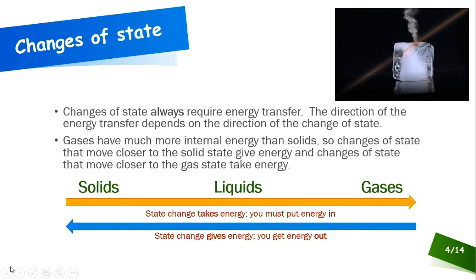You're putting energy into the system, taking energy out of the surroundings. Likewise, if you go back the other way and say, I want to get closer to the solid state, well, to bring your system closer to the solid state, you've got to get rid of that excess energy. So energy has to go out of the system. It goes into the surroundings. And that energy out of the system means it's giving energy to the surroundings.